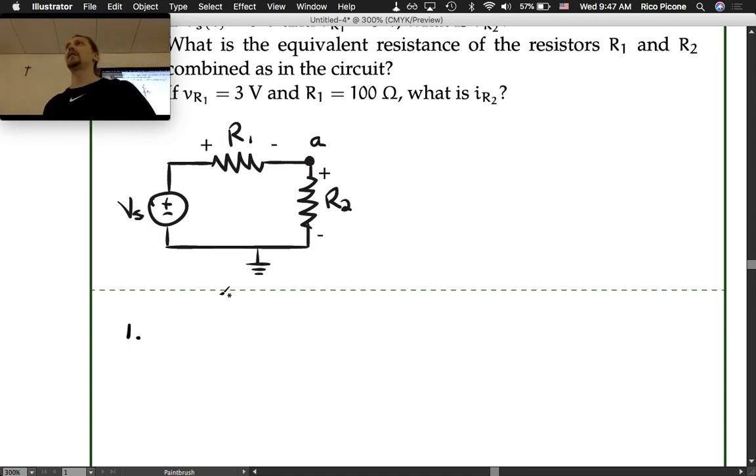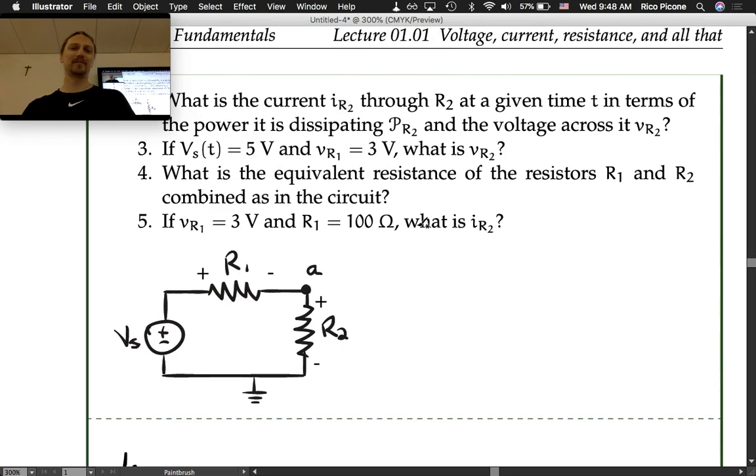The difference of potential between A and ground. Exactly. So it's equivalent to the voltage across R2, because the other side of R2 is connected to ground. It's also equivalent to the voltage across R1 and Vs, because that also gets us to ground. So it's the difference in potential between A and ground. Could be 5 volts or whatever it is.